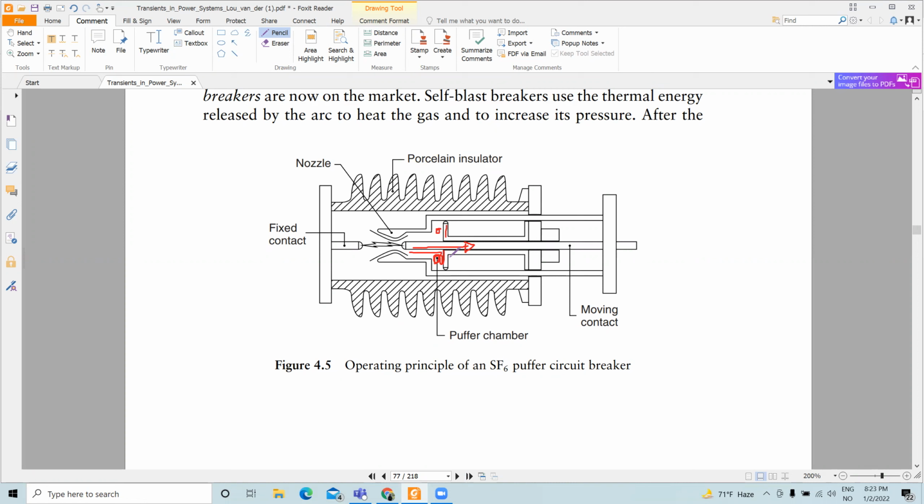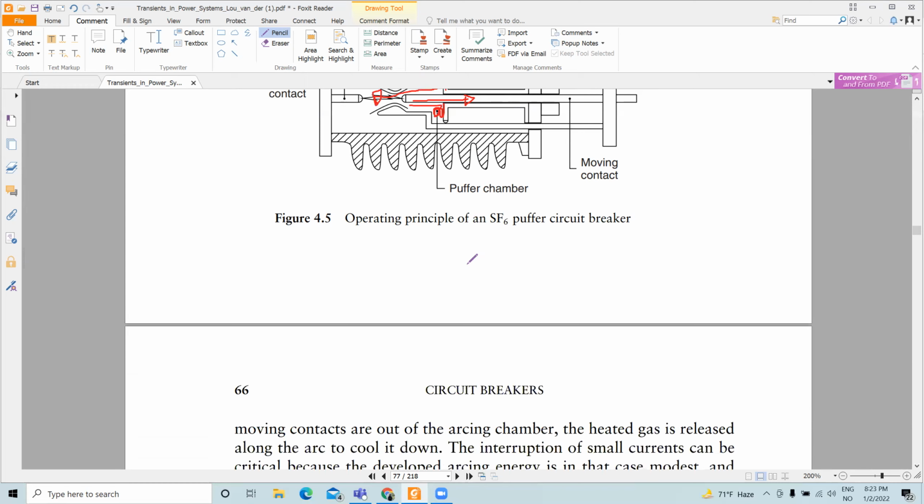This piston is fixed, and when the moving contact moves, this area gets compressed and the SF6 from this area flows inside the arc and it extinguishes. This is how the sulfur hexafluoride based circuit breaker works.